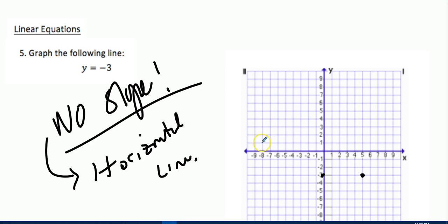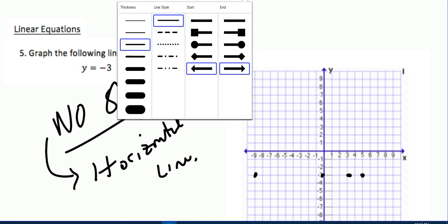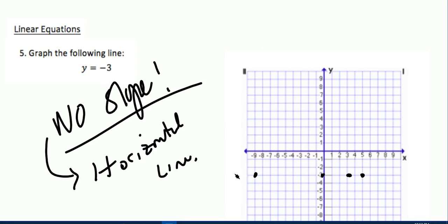X equals negative 9, y has to be negative 3. And you can keep doing that all along the x-axis. X equals 3.14, y equals negative 3. And what that means again is that we're just going to have this line here that's nice and horizontal. And that's your answer. And it's going to go through y equals negative 3.